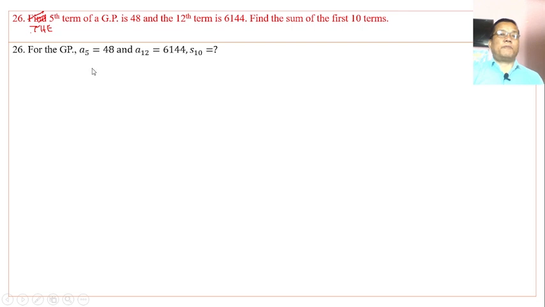For the GP, A5 is 48, A12 is this number, and S10 is what we need. Writing A5 and A12 in terms of a and r, divide them and solve, and we get the R value 2.